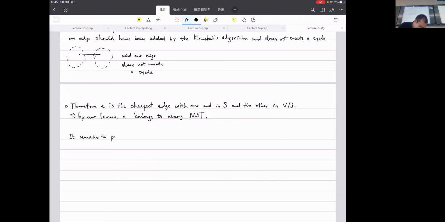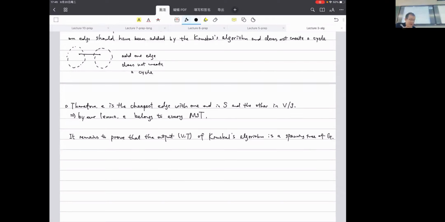It basically remains to prove that the output T of Kruskal's algorithm is a spanning tree. If this is not a spanning tree, this does not make sense.